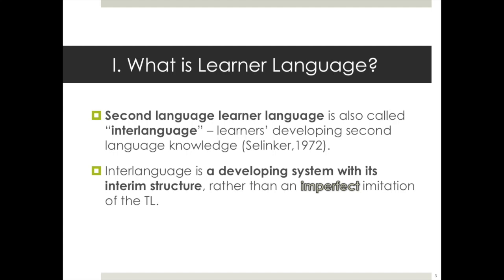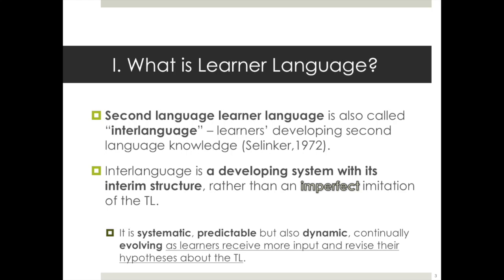It is a developing system with its interim structure, interim meaning intermediate or somewhere in the middle, rather than an imperfect imitation of the target language, which used to be what was commonly believed in the past, that a language learner's system is an imperfect imitation. And you can understand by the word imitation that this was mostly assumed under the behaviorist school of language acquisition.